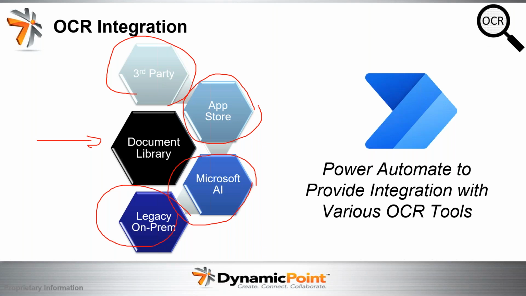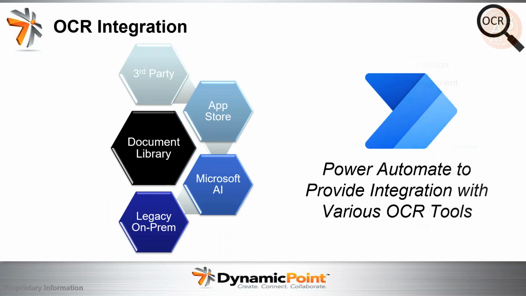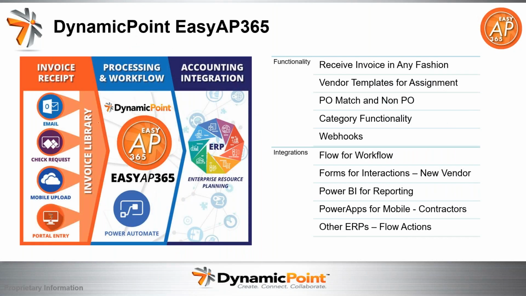If there's a need for doing zonal OCR templates, then I would probably leverage one that uses more of the template method as opposed to mine, which was more of the machine learning. I didn't have to create a template. I just gave it an invoice and then it did the rest from there. Okay, so again, this is all in this first step of invoice receipt.